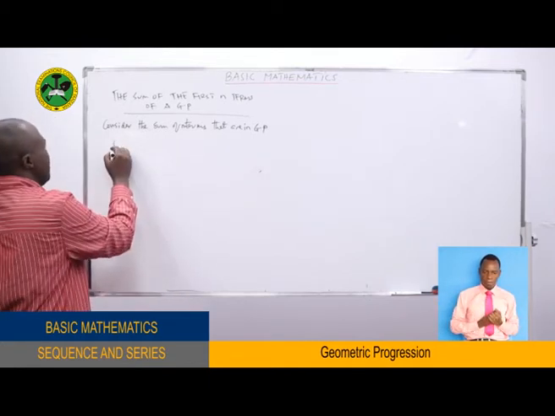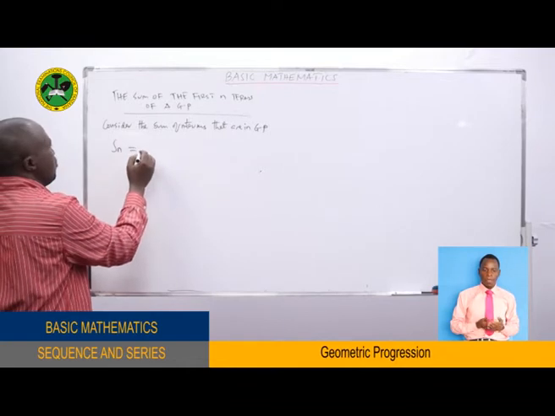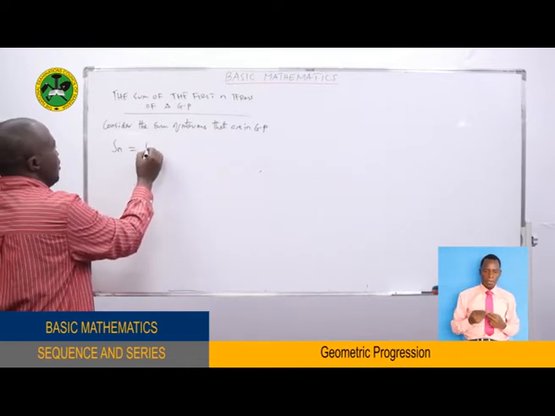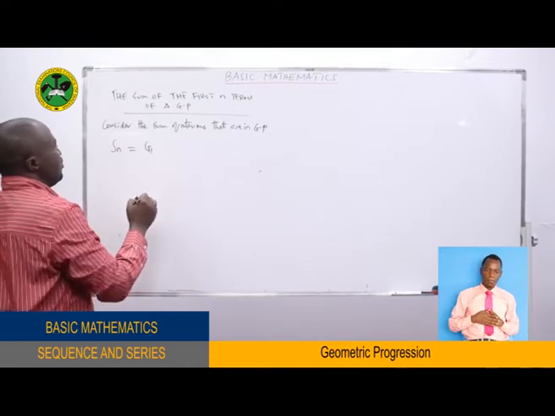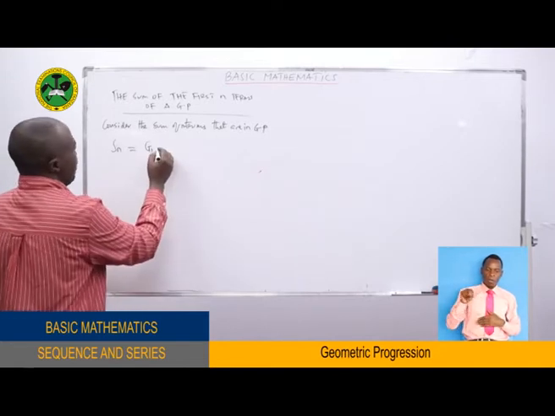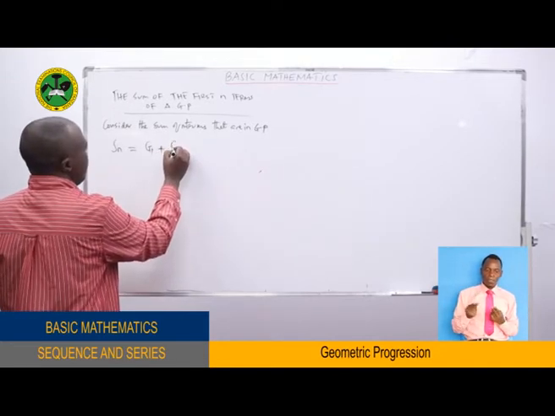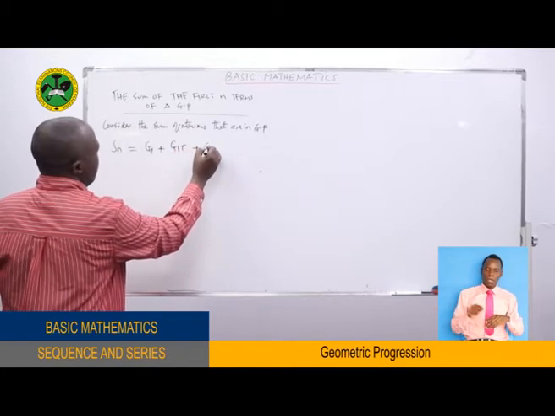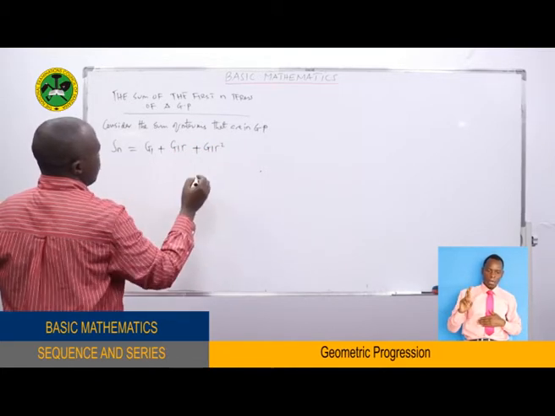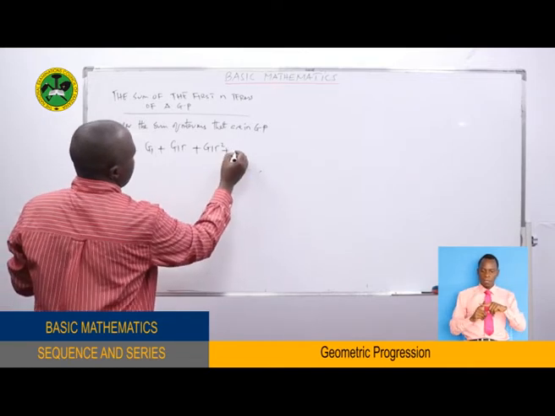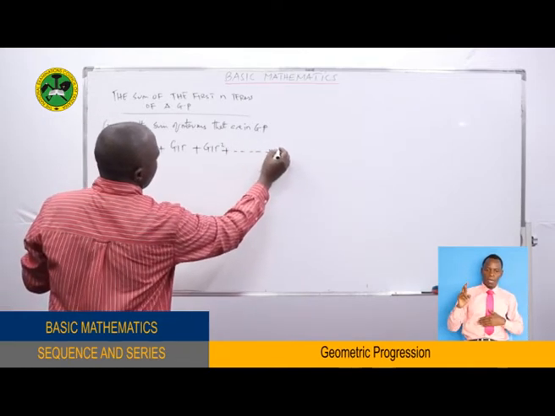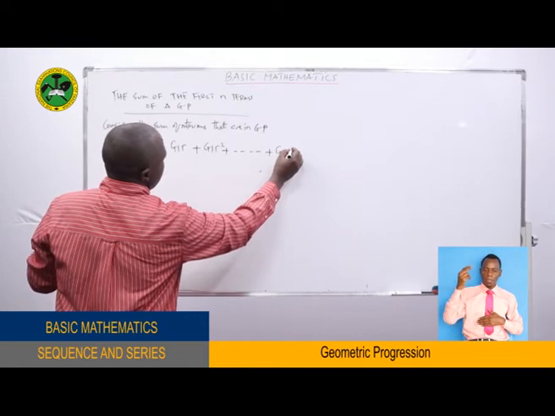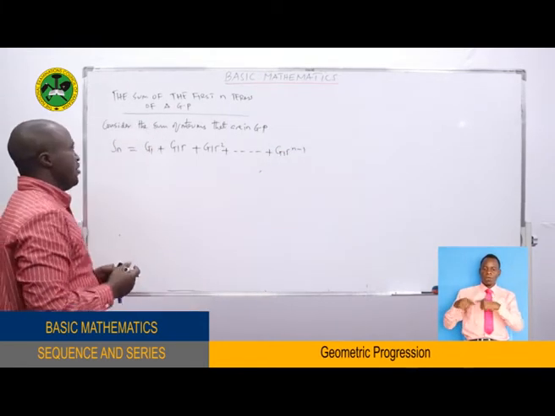That is, S_n will be equal to the first term, G1, plus G1 R, then plus G1 R squared, then this proceeds to G1 R power n minus 1.